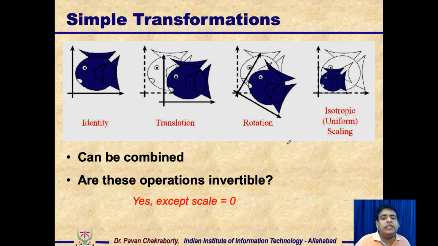Are these operations invertible? Yes, except for scaling equal to 0, because scaling equal to 0 would mean that an inverse transformation would mean a division by 0, which is not possible.